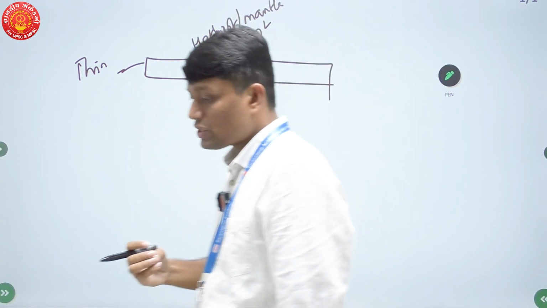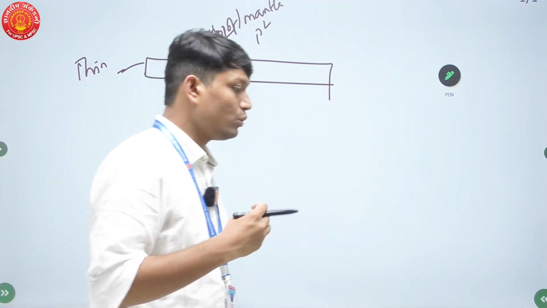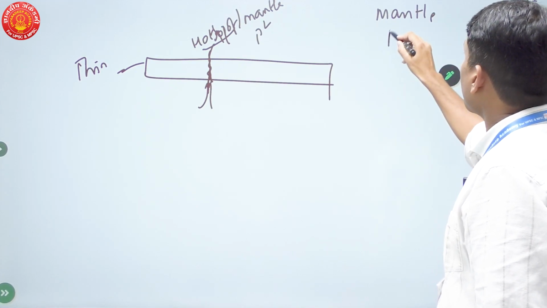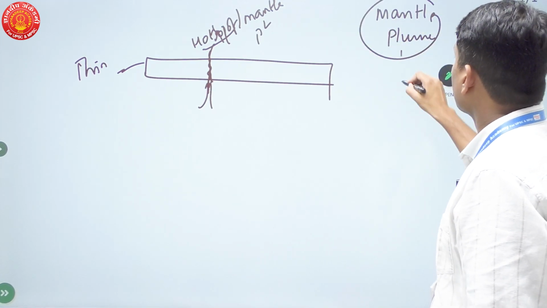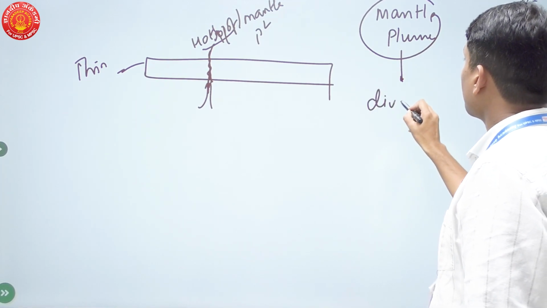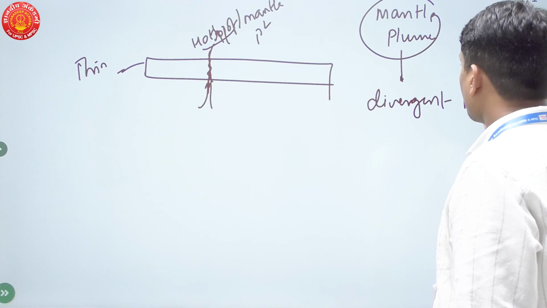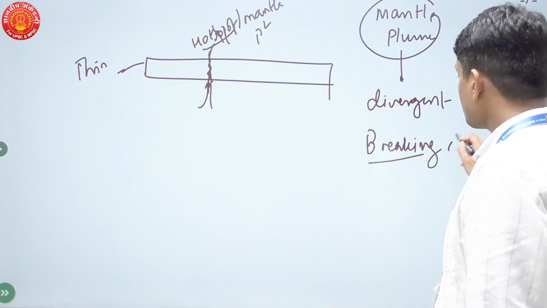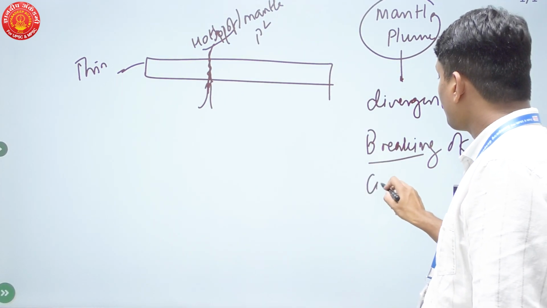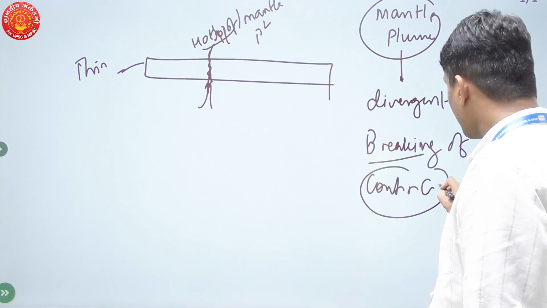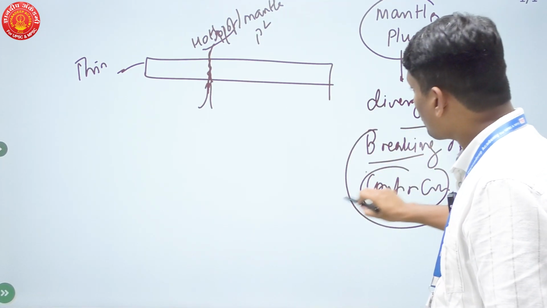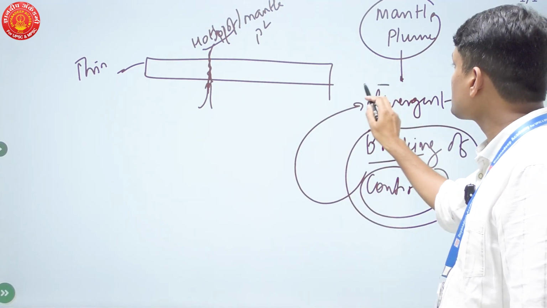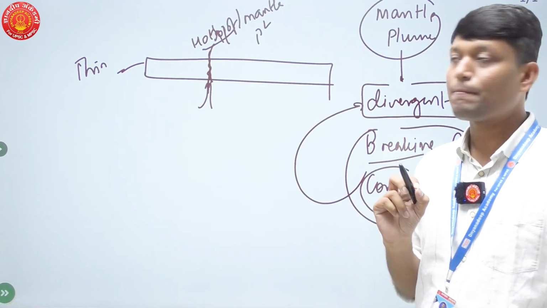What I am trying to suggest is that these mantle plumes are responsible for the divergent boundary, or in other words, responsible for the breaking of continental crust, and as a result of the breaking of continental crust, from there we will have a divergent boundary.